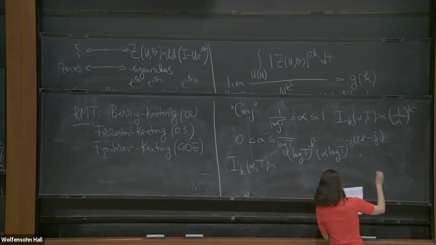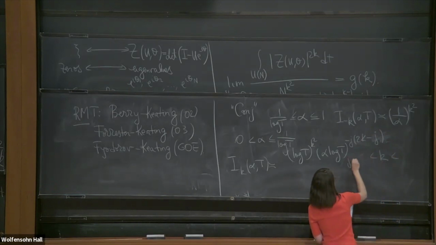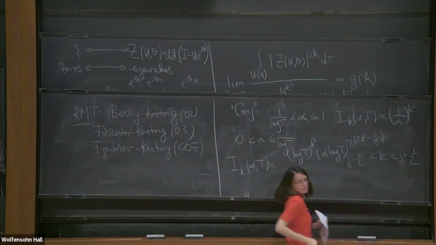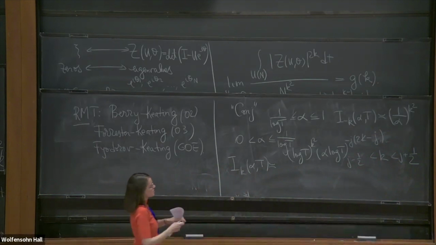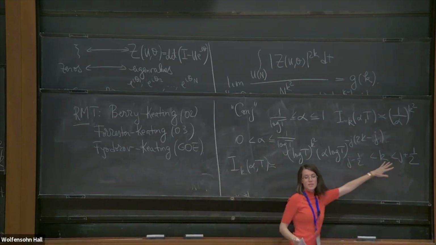So this is when k is between j minus 1/2 and j plus 1/2. If you're in between half integers, this is the conjecture, and it actually agrees up to 3/2.